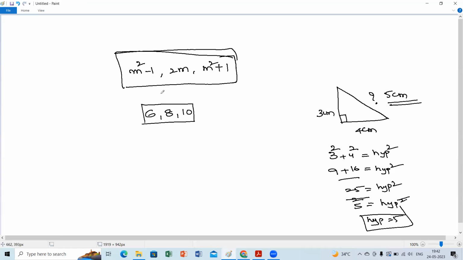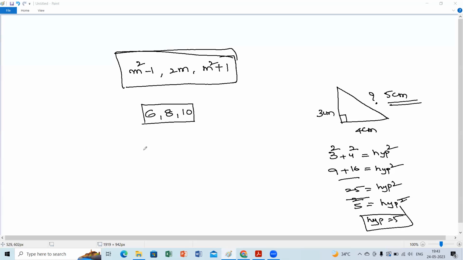Always the largest side is the hypotenuse, remember. Which is the largest among these sides? There are 3 measures given, 6, 8, 10. Which is the hypotenuse here? 10, because the largest side is the hypotenuse.